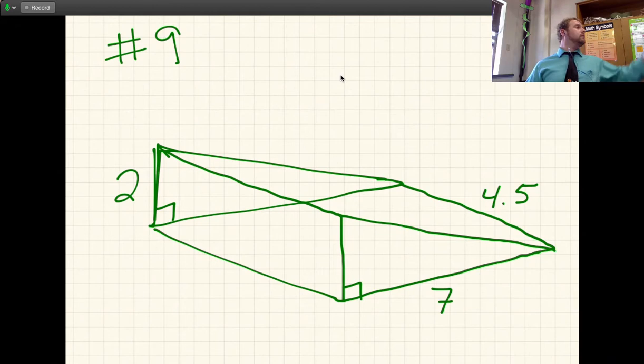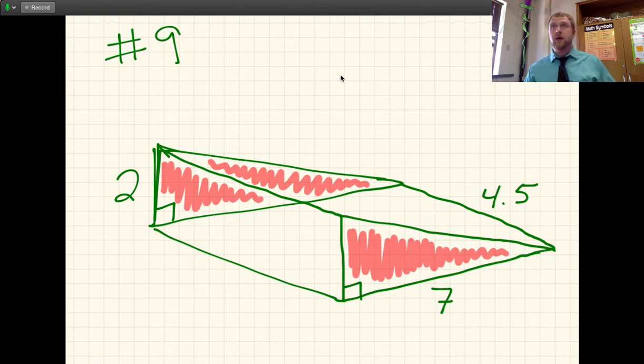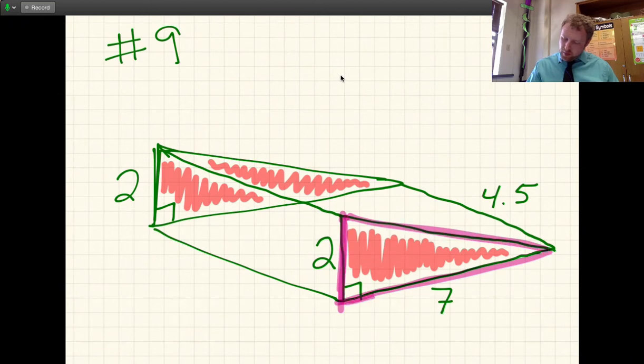Okay, here we go. The base areas. This is the base of my prism because it's the triangle. And the other base is right here, like so. Those are my bases. I know that the height in the back is the same as the height in the front, so I'm going to put a 2 right there. Isabella, we have a triangle right here.